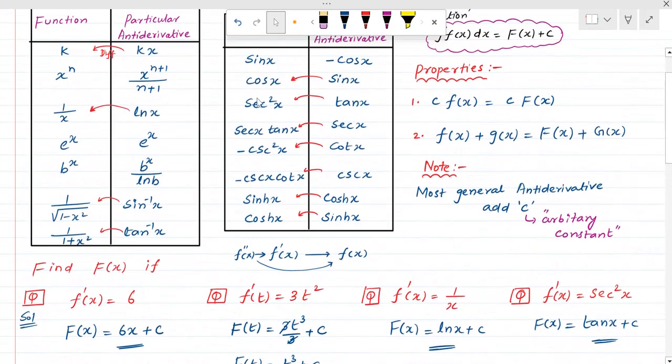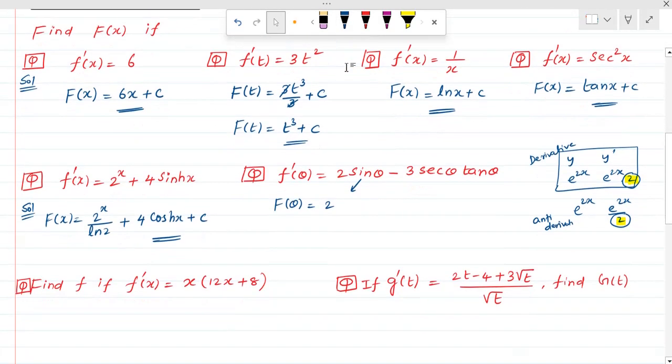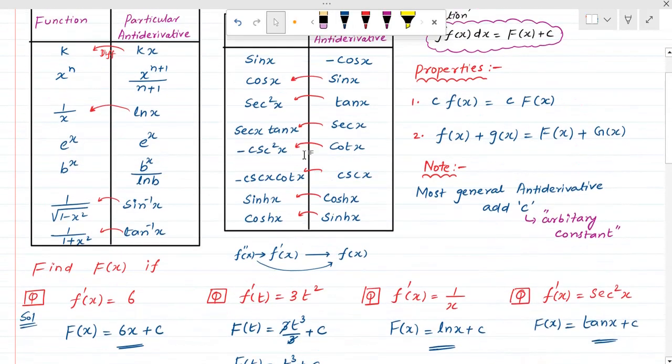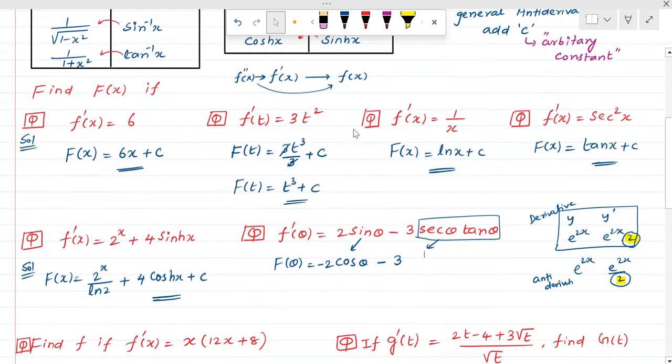What is the antiderivative of sine? Sine is minus cosine. So I have to write minus cosine, so minus will be in the front. Minus cosine. Minus 3 will be the same. What about sec tan? Sec tan gives sec. So it is secant theta plus c. That's it.